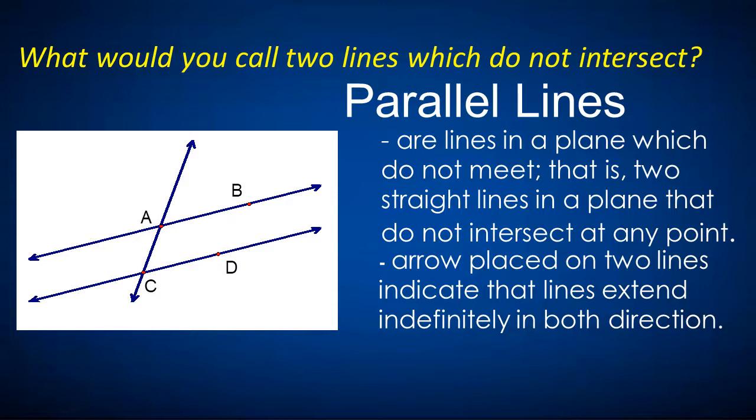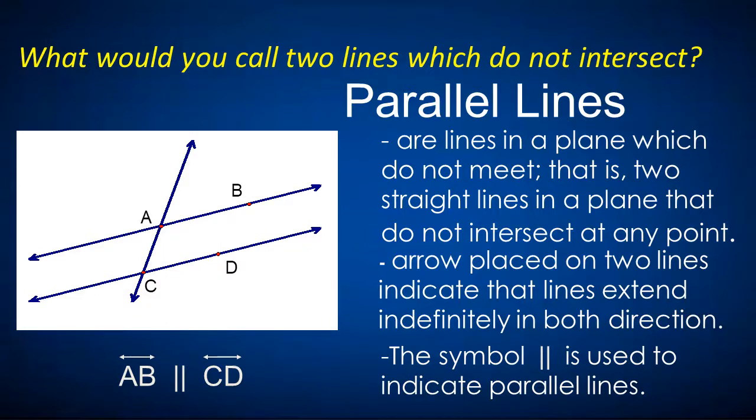Ibig sabihin kahit mag-extend yan ng mag-extend, hindi at never silang magmi-meet kahit sa iisang point. So, yun yung parallel lines. The symbol, yung 2 vertical lines, is used to indicate parallel lines. So, sa given nga natin, we have line AB is parallel to line CD.